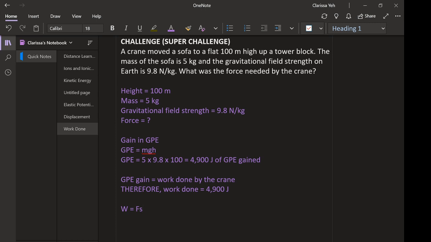Our work done, as we just worked out, was 4,900. Our force, that's what we're trying to find, we don't know yet. We're just substituting in our values. And then our distance traveled was how high it went up, which is 100 meters up our tower block.